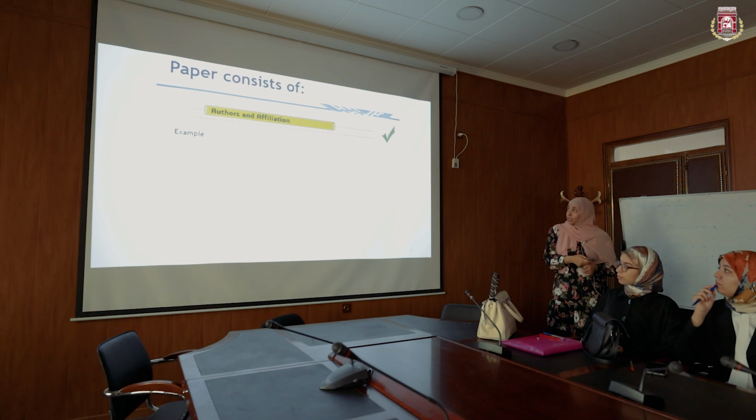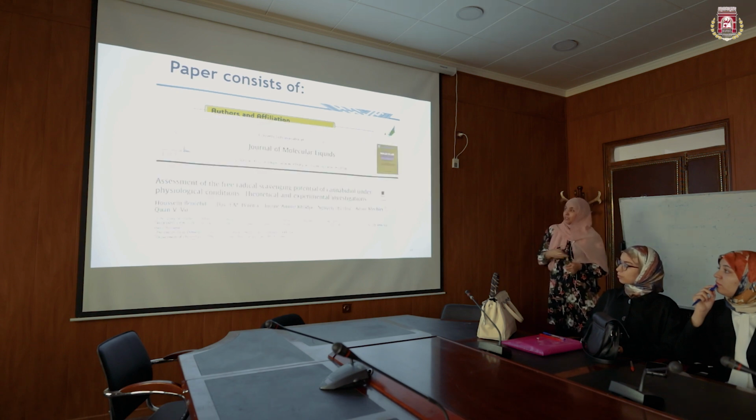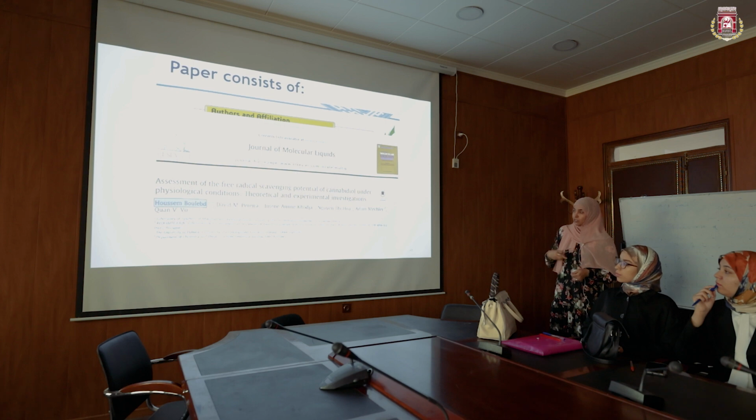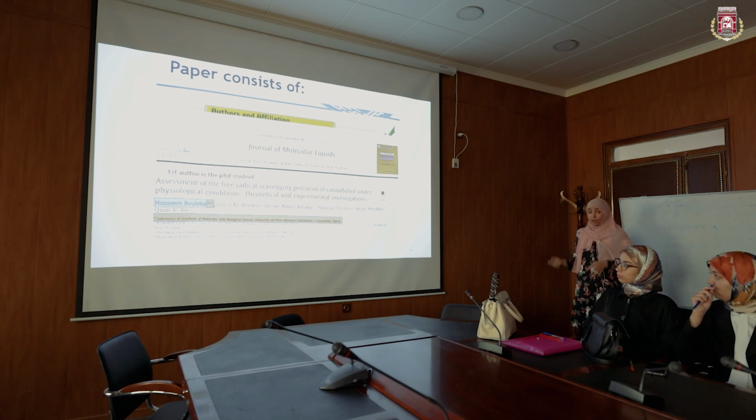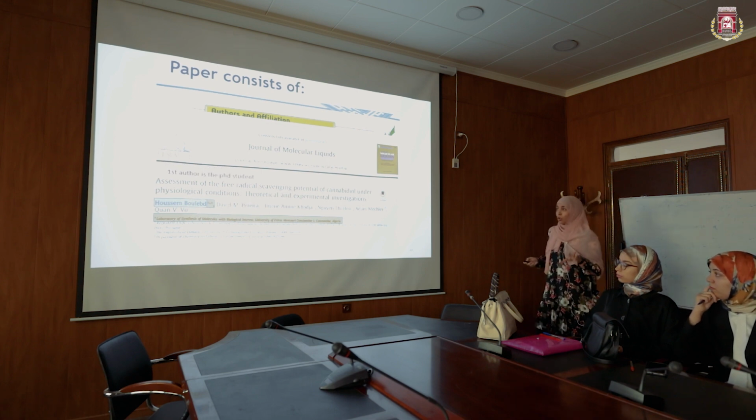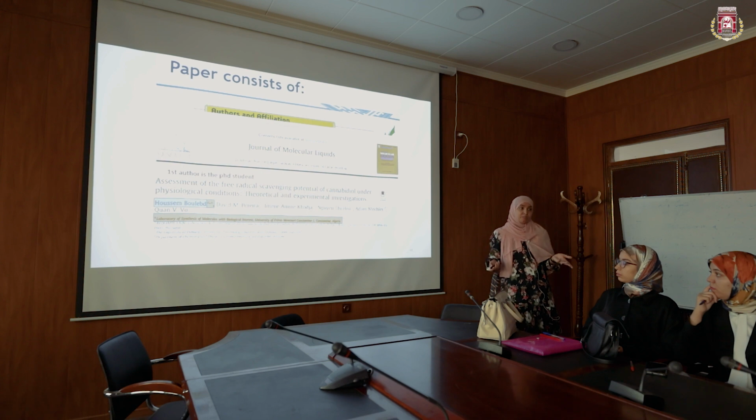Okay, so for example, we have here the title, this is the author, and here we have this for affiliation. This one to indicate affiliations. For you, as PhD students, always the first author is the PhD student.